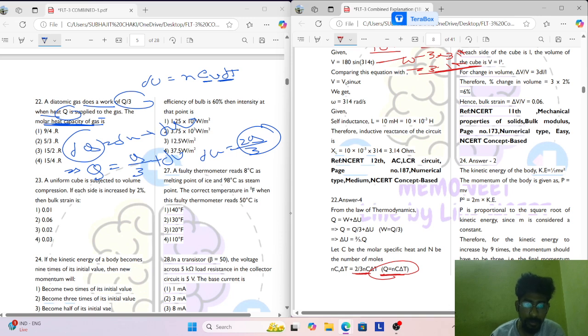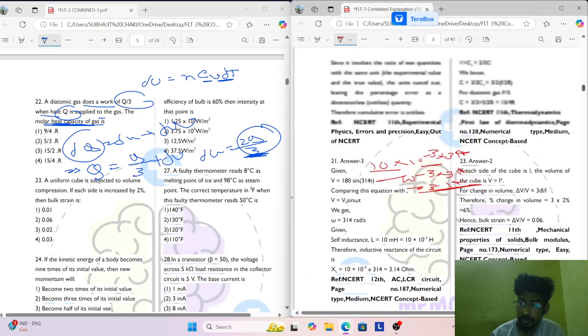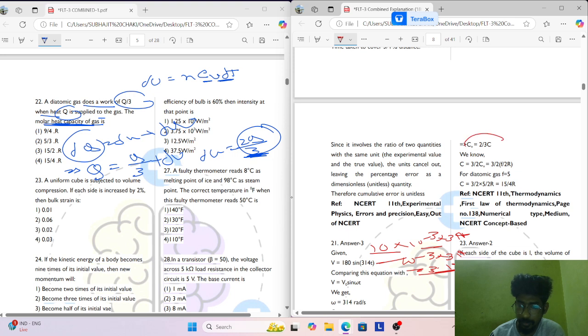From this, Q equals 3 by 2 dU, right? And Q equals n C del T.